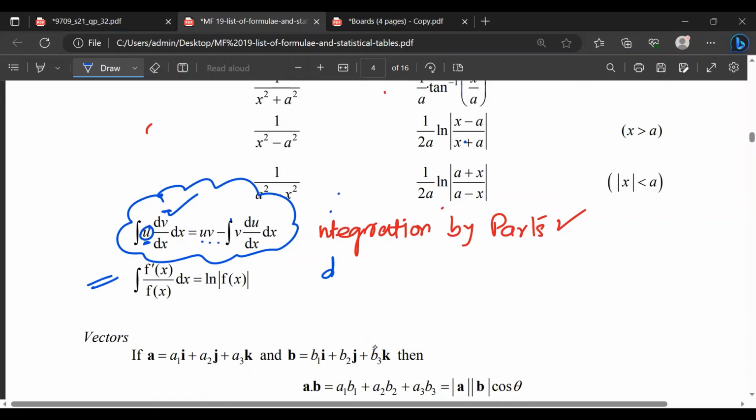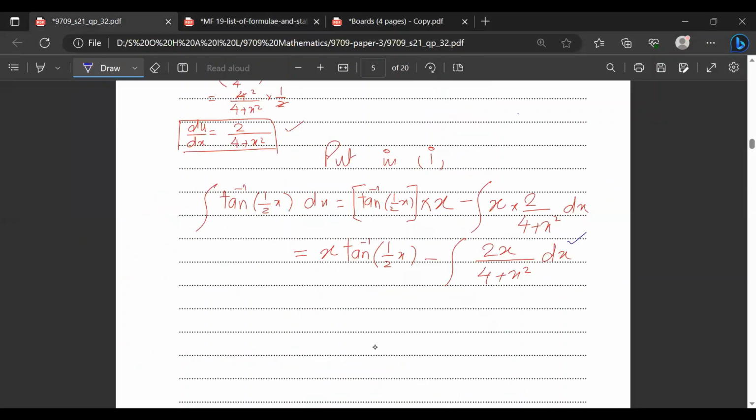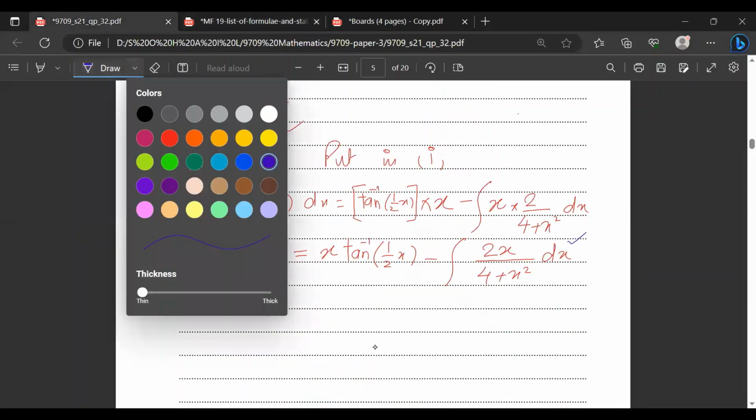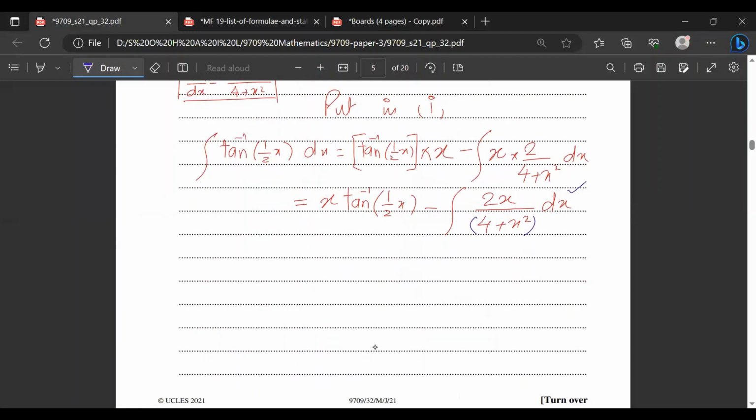You can keep in mind, this is basically the derivative in the numerator over the function. If it is derivative over function, write natural log of the function, natural log of the denominator. So in this case, f of x is the denominator. This is the derivative function. There is no other option.